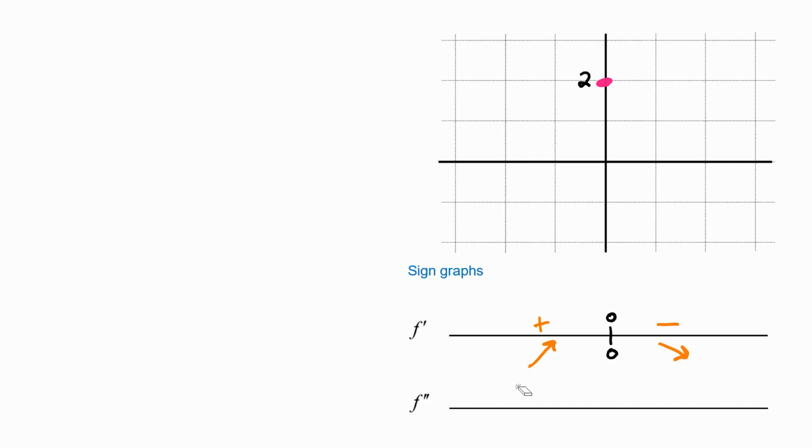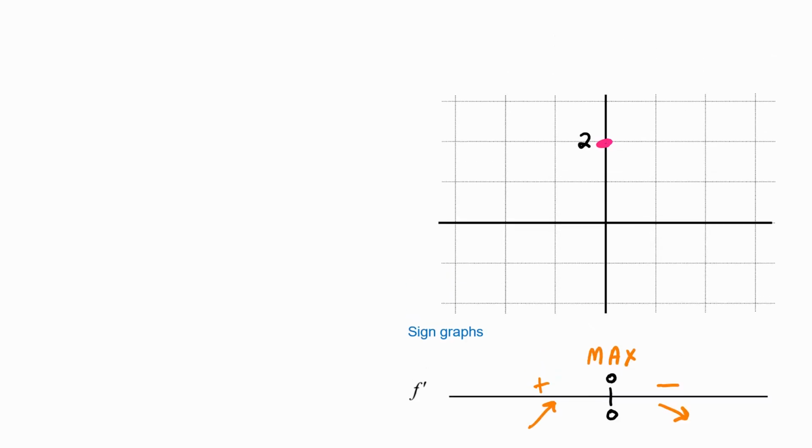Because f is changing over from increasing to decreasing, in other words, the derivative goes from positive to negative, we know that we are going to have a max at x equals 0.